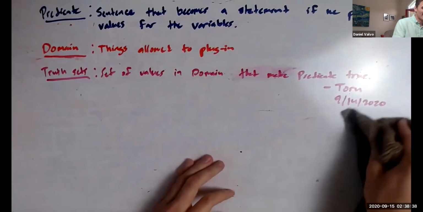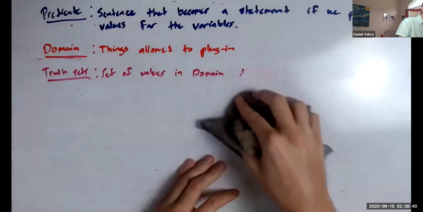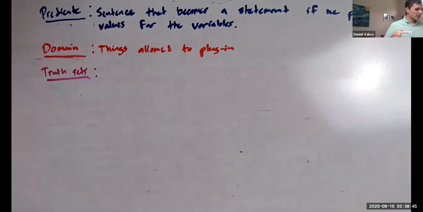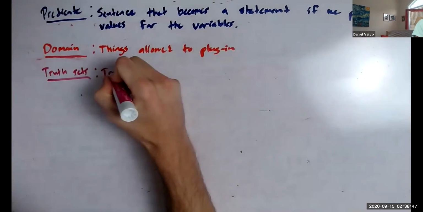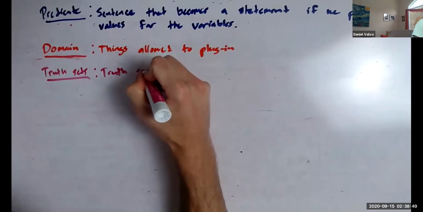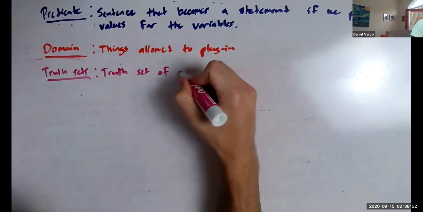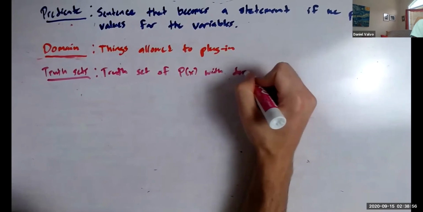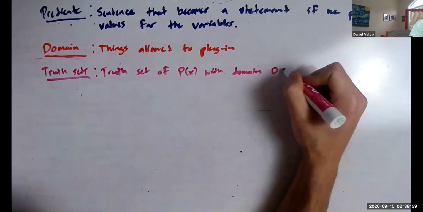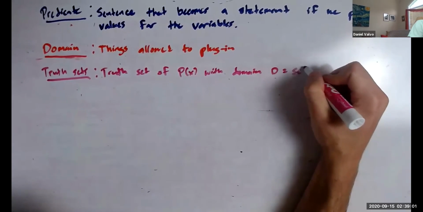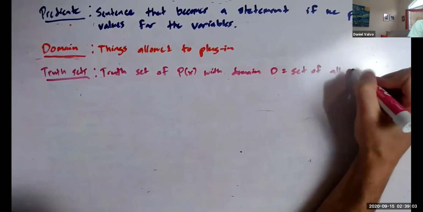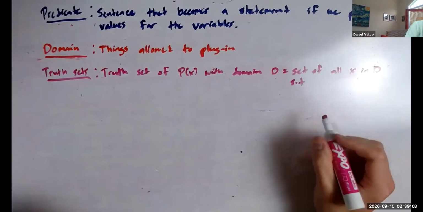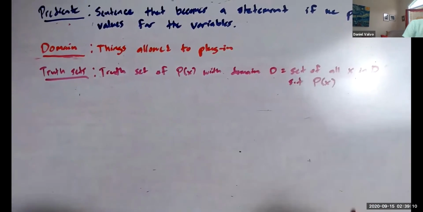But, not to erase Toru's gravestone, I'm going to write it in a slightly different way. It's one way you can totally think about it. But in a slightly different way, I'll say the truth set of a predicate P with domain D equals the set of all x in D such that P of x.